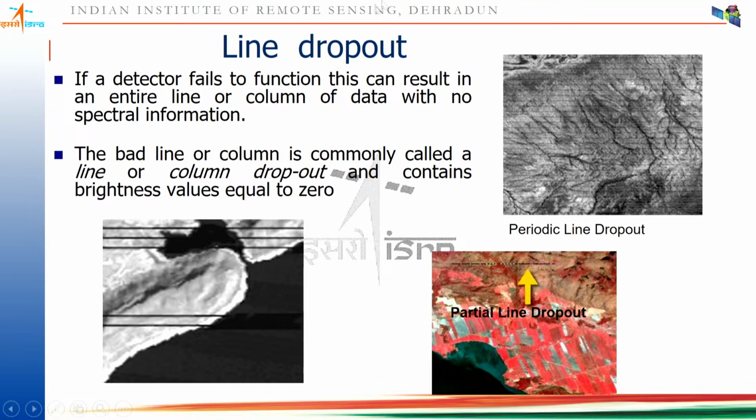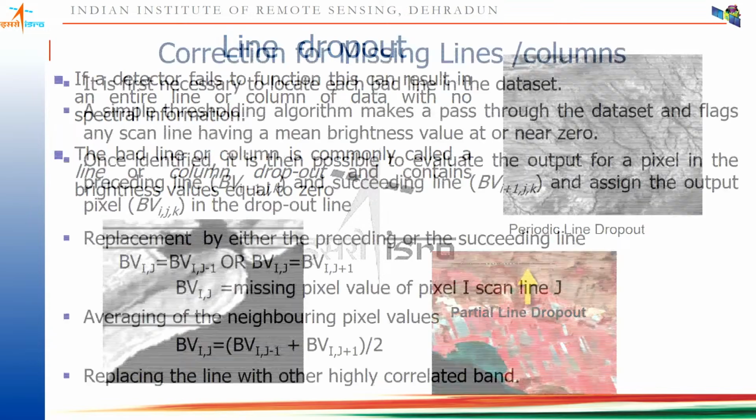Now it will be periodic when there are a number of detectors and one of the detectors fails, so that every 8th line, 16th line, or a particular line depending upon the number of detectors, will periodically be a zero line. Or it can be a partial dropout, where only during transmission some of the values are lost, right? So this is partial line or column dropout.